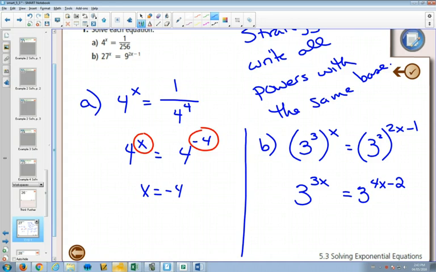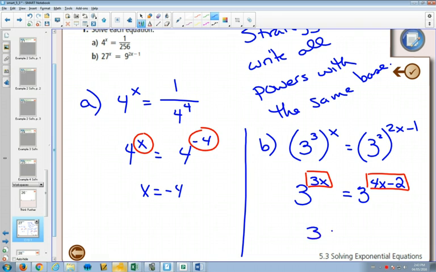Once you've got your bases the same, this one's not as straightforward as the last one. On the last one you could just say x is equal to minus 4. But on this one, we've got our bases the same. Does it make sense that what's in these red boxes has to be equal? If the equation itself is equal, then because their 3's are the same, what's in those red boxes has to be equal.